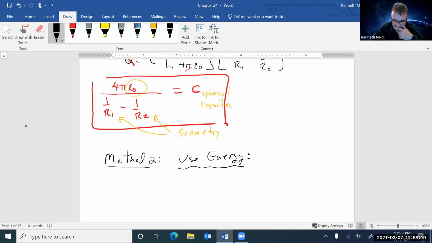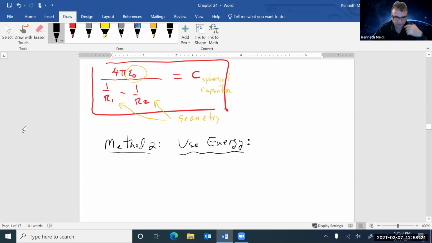Okay, so as I recall, there was this energy statement that we had when it came to a parallel plate capacitor that looks something like this. I could scroll back up, but I think there was a 1/2, there was an epsilon 0, then there was the electric field squared, correct?